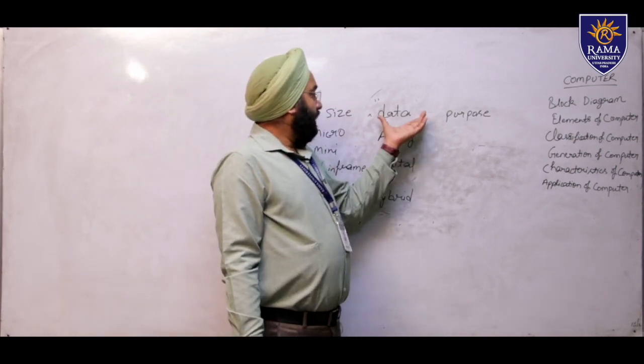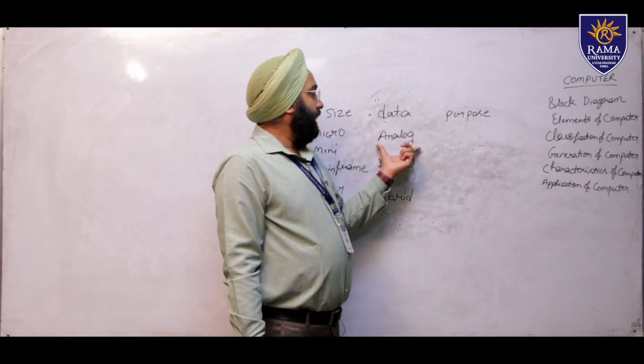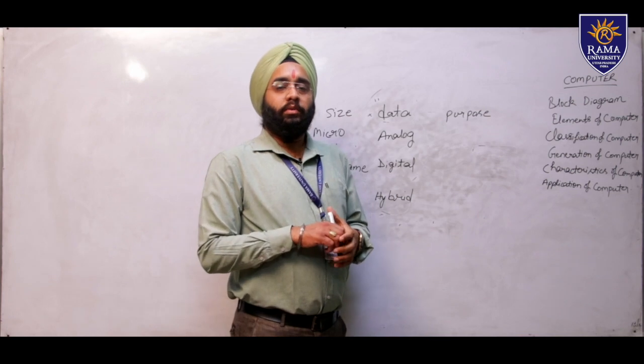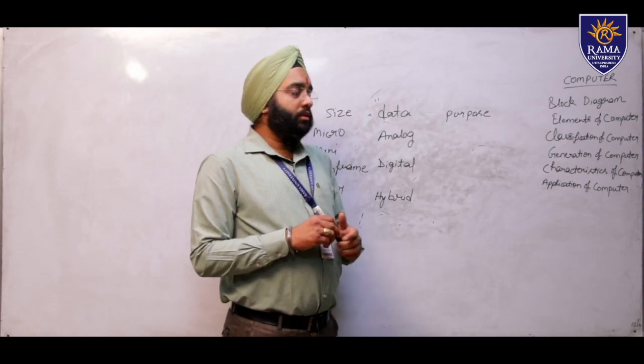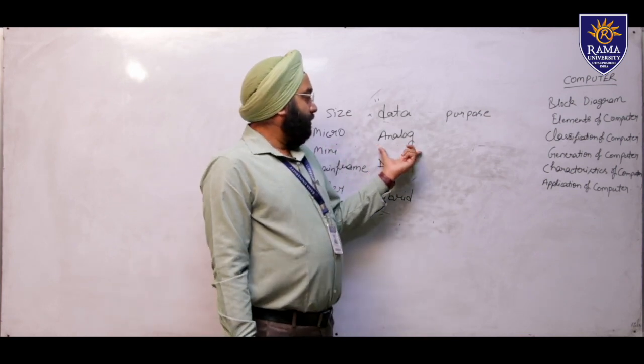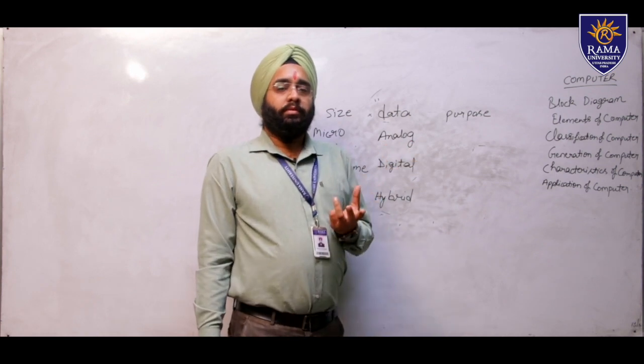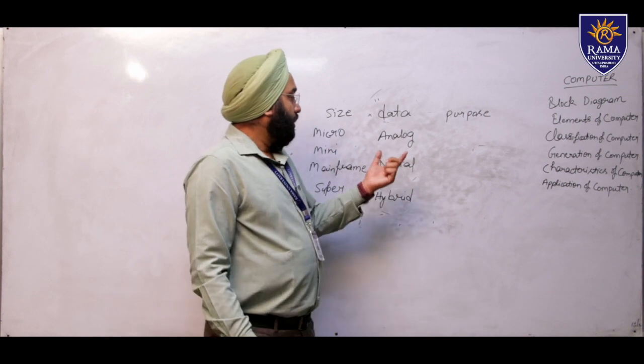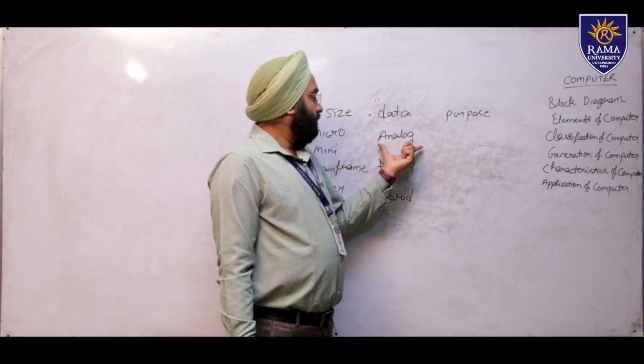Now we'll come to the data. On the basis of data, there are analog computers. I want to tell you with the help of an example. When any data comes with the help of physical appearances, that is called an analog system.